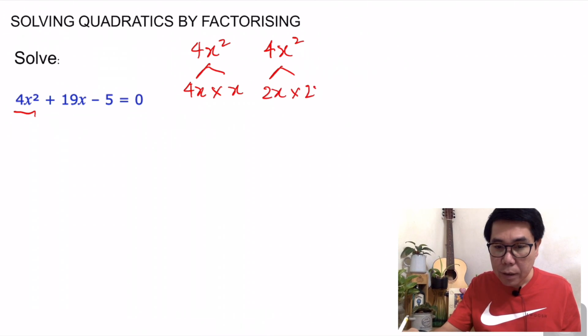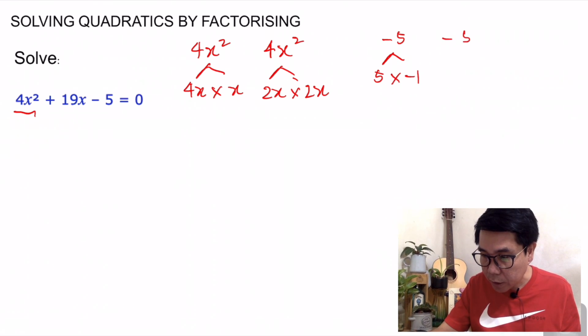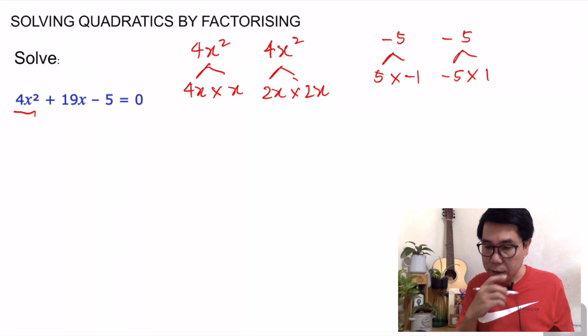Now we have also to factorize the negative 5. Negative 5, we have 5 times negative 1, or negative 5 times 1. So we have choices there.